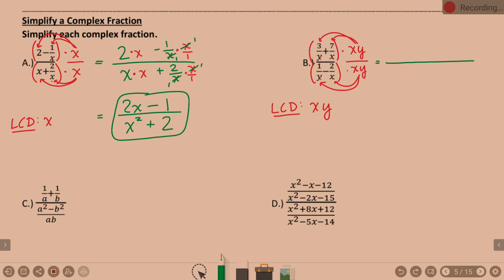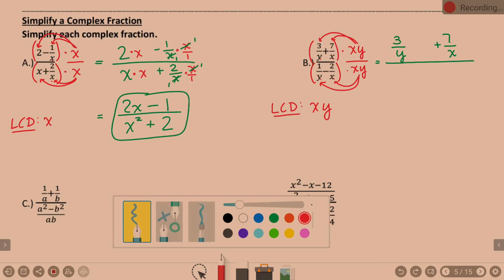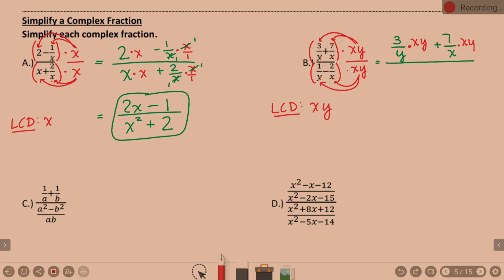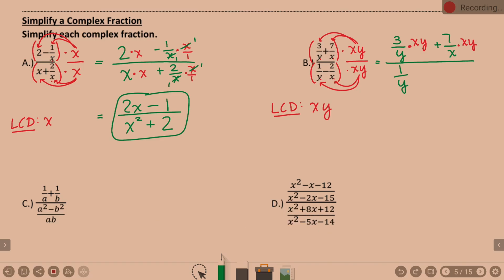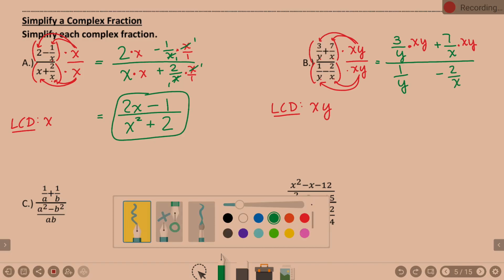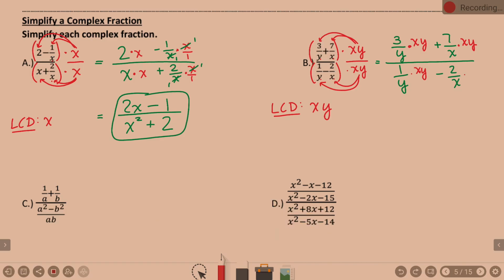I'm going to take 3 over y plus 7 over x. And what am I doing to both of those? Both of those are getting multiplied by xy. Same thing in the denominator. I'm going to take 1 over y minus 2 over x, and both of those are getting multiplied by xy.